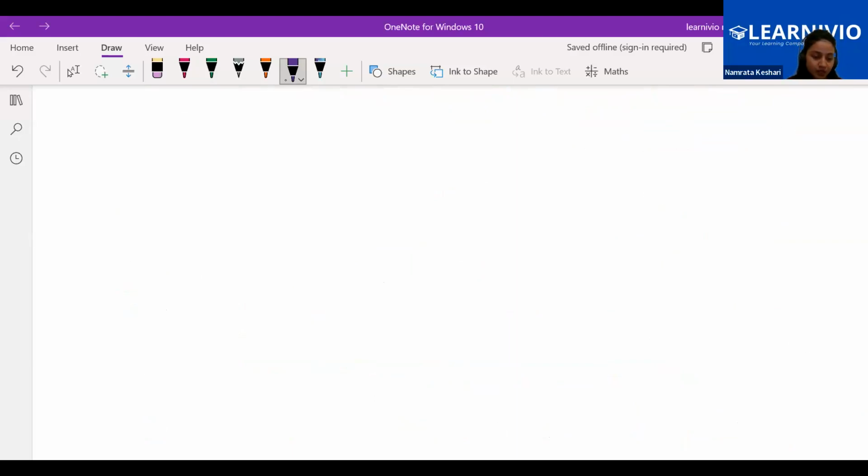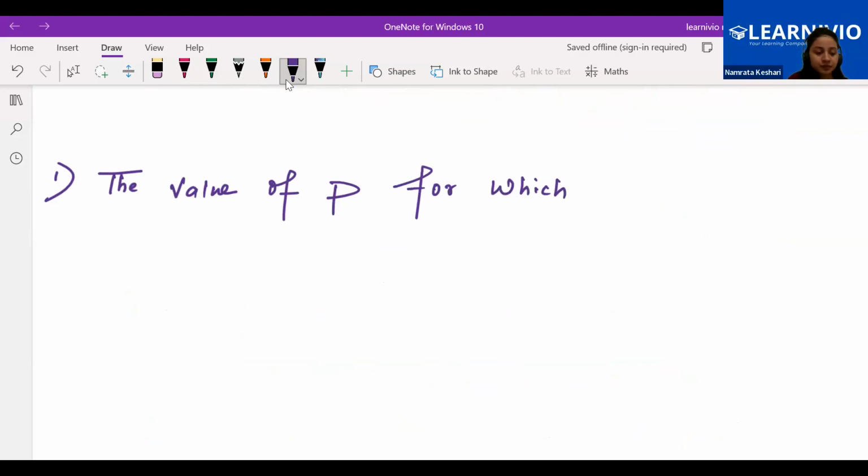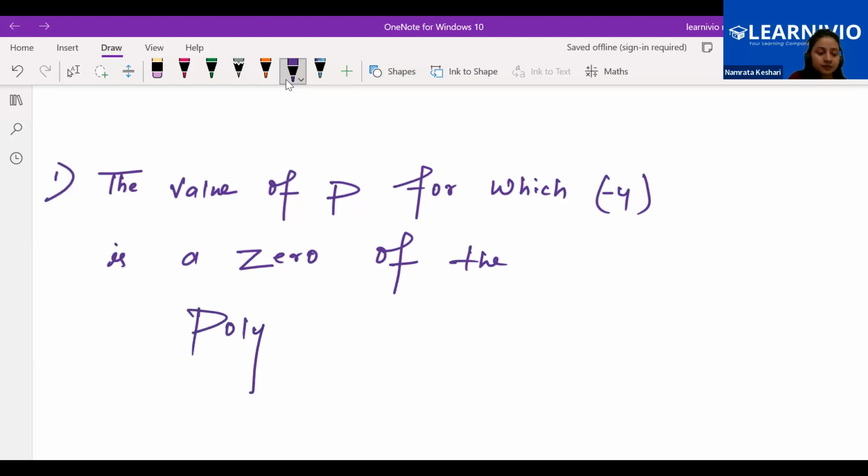Yes. So let me write the question. First question: the value of P for which -4 is a zero of the polynomial x square minus 2x minus 7p plus 3.